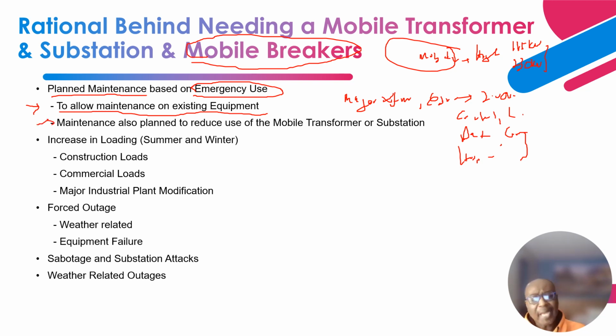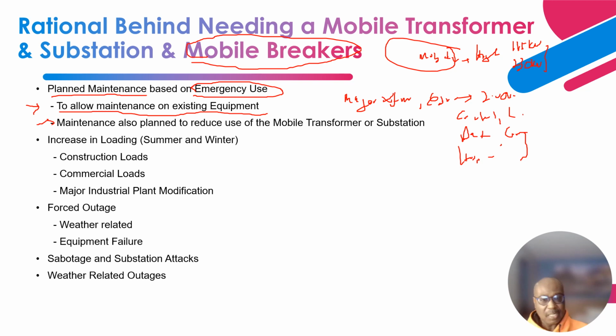Like I indicated, the goal of asset management, reliability growth, and also compliance growth is to reduce the use of the mobile substation and set aside the mobile substation or the mobile transformer for real emergency use.